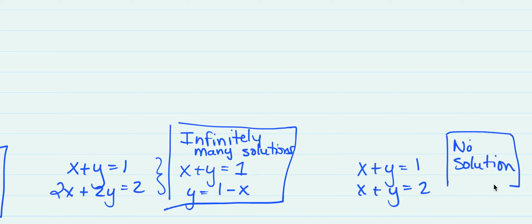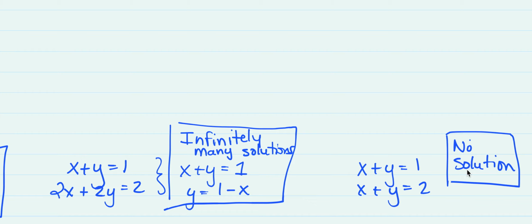So think back to what you know about lines in two-dimensional space. Visually, when you have two lines, they can either cross at one point, they can overlap on the same line, or they can be parallel lines, right? When they cross, that was one place where they crossed.